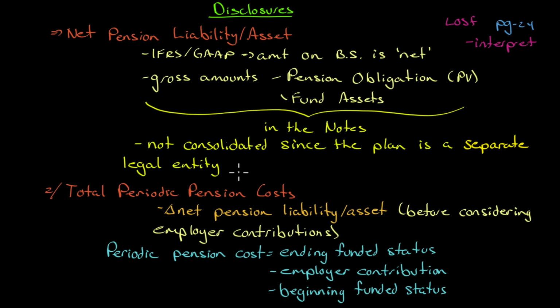If all of the plan assets and all of the funding in the plan is just the employer itself, then if it's overfunded, the company has the ability to do a reversion of funds or a lower contribution in the future.